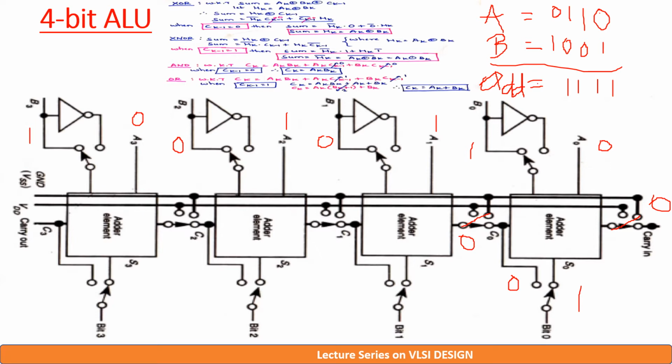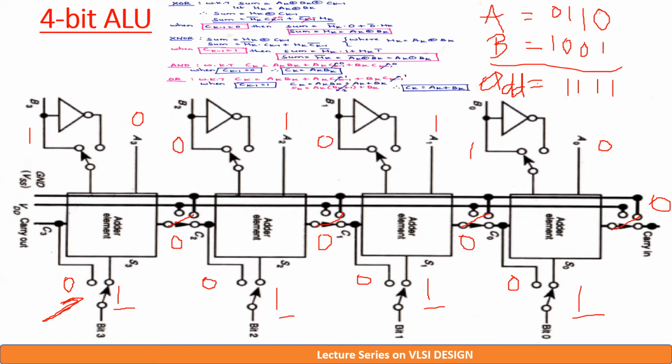A1 B0 and the carry propagated is 0, therefore sum is 1 and carry output is 0 again. So this C1 is fed as carry input to third block. A is 1, B is 0, carry 0, therefore sum is 1, carry output 0 again. A0 B1, carry input 0, therefore sum is 1, carry output is 0. So you can observe sum output is 1 1 1 1 and final C out is 0.